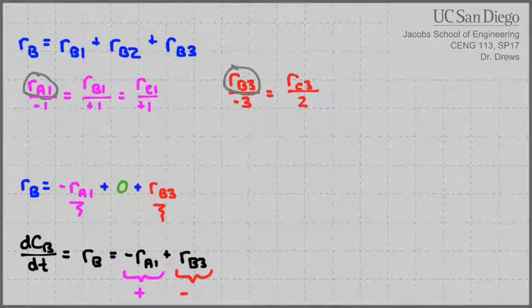At that point, you dump it into MATLAB and let MATLAB solve all of those when you're done. About the only sanity check you can do along the way is this plus-minus business. When you write it down, try to make sure that each species is showing up as a product or reactant according to whatever that rate is.